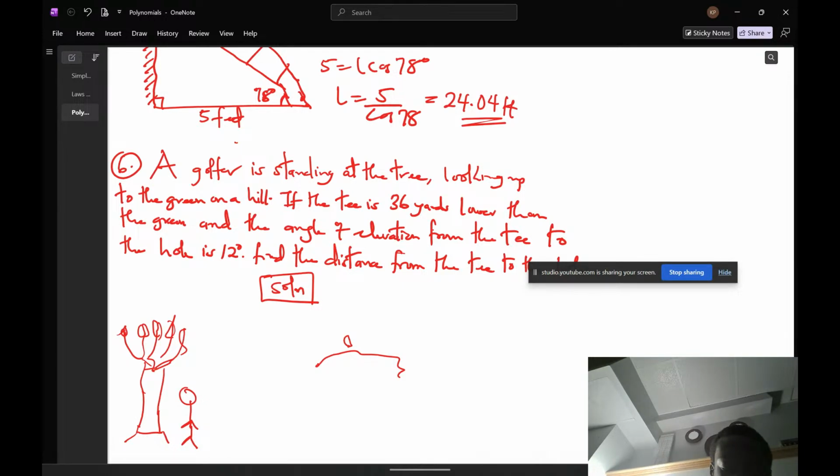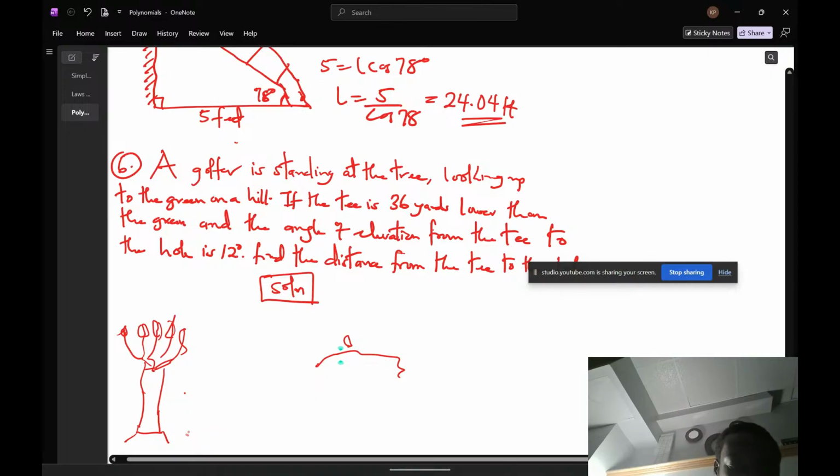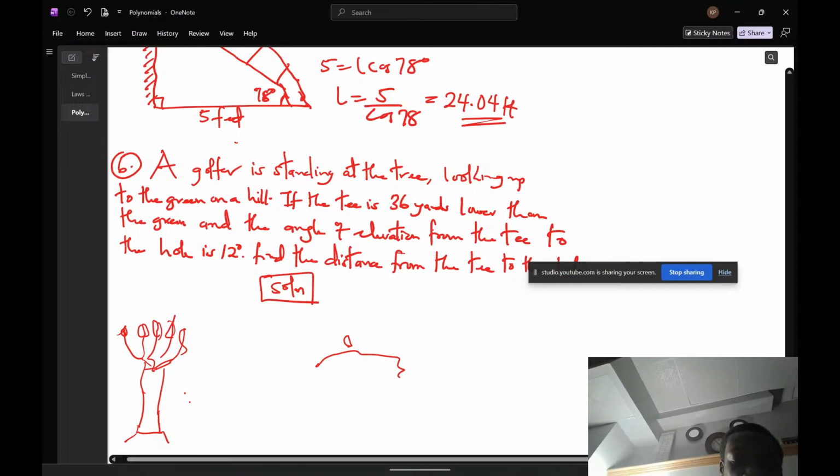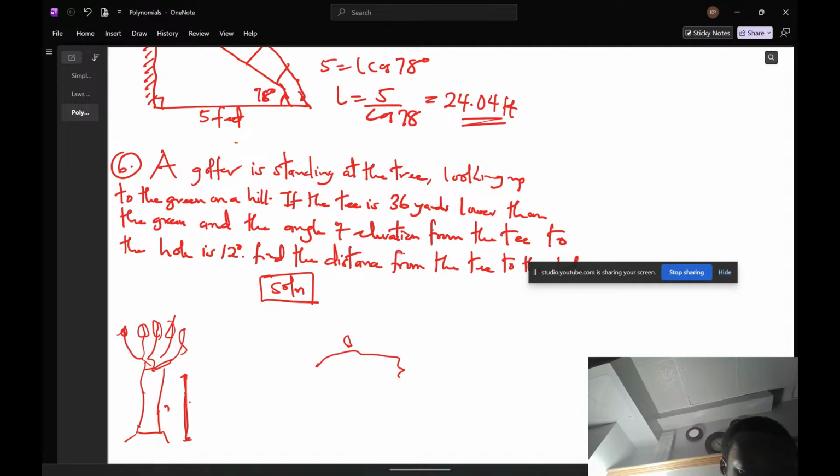Okay. So now the green on the hill is higher than the tree. So let's say that this is the distance, 36 yards. So this place is 36 yards lower than the green, and the angle of elevation from the tree to the hole is 12 degrees.